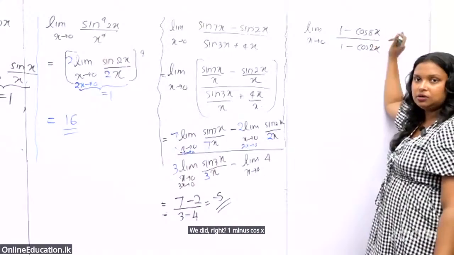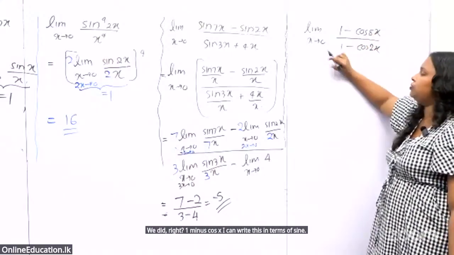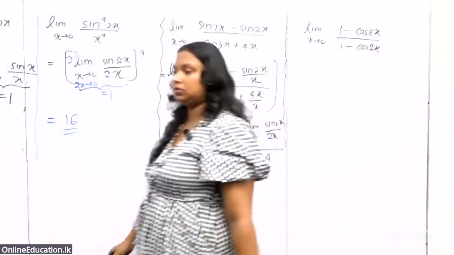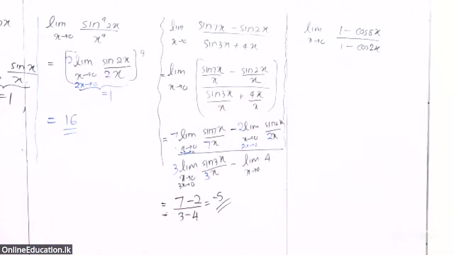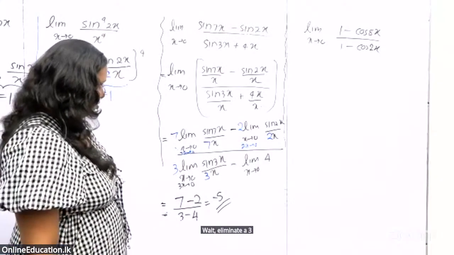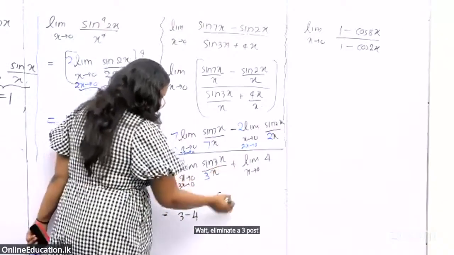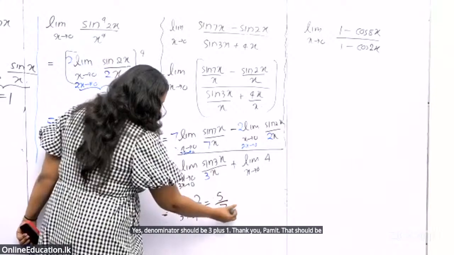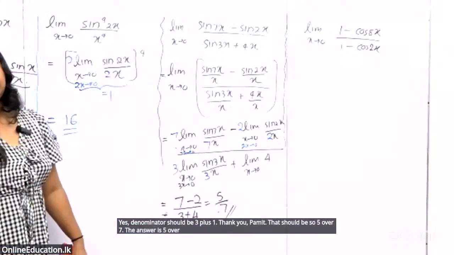I can write this in terms of sine. Wait, the denominator should be 3 plus 1. Thank you, Pamit. So the answer is 5 over 7. Thank you.